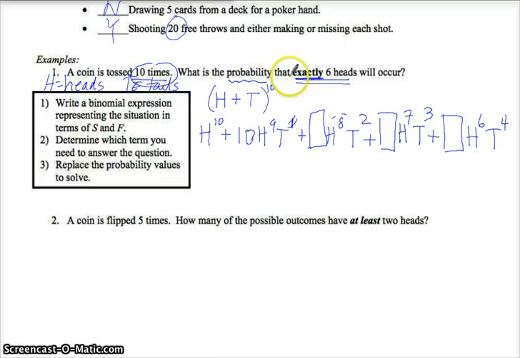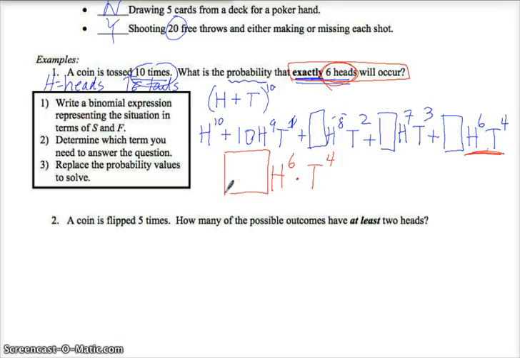Because it says, what is the probability that exactly 6 heads will occur? Well, right here, this means 6 heads have occurred and 4 tails have occurred. So in order to calculate this probability, I need to take heads to the 6th power times tails to the 4th power and multiply it by whatever coefficient should be here. If you remember in our last one, we got the coefficient by doing the combination formula.